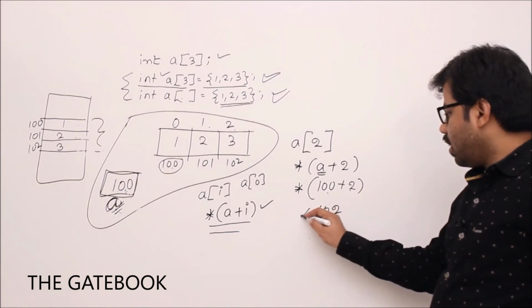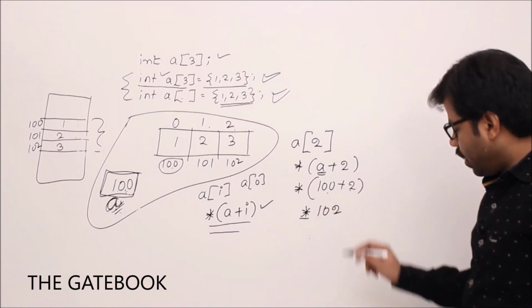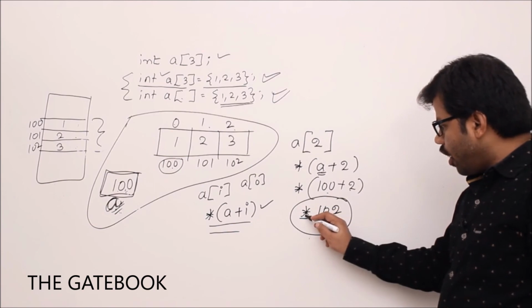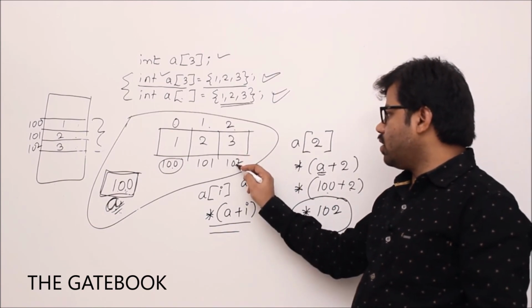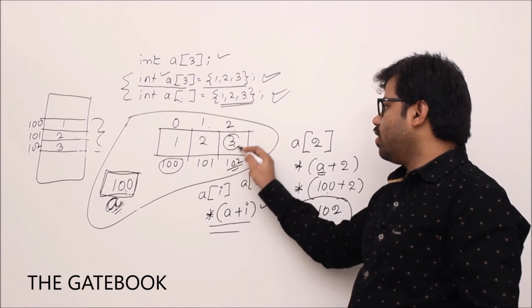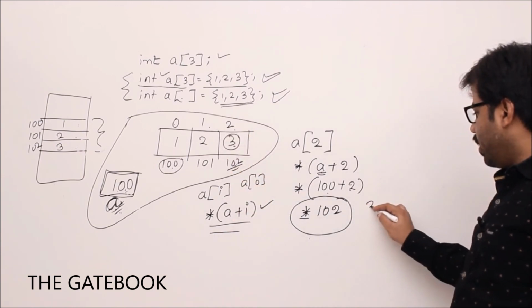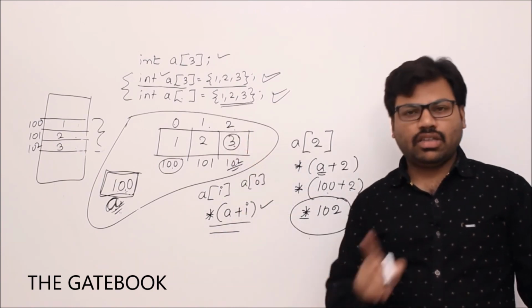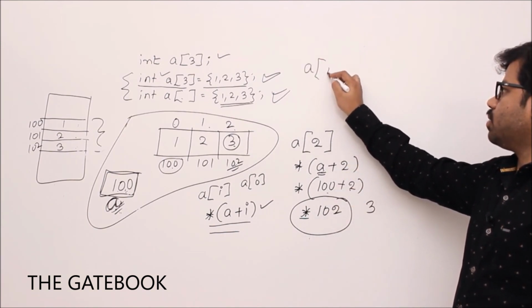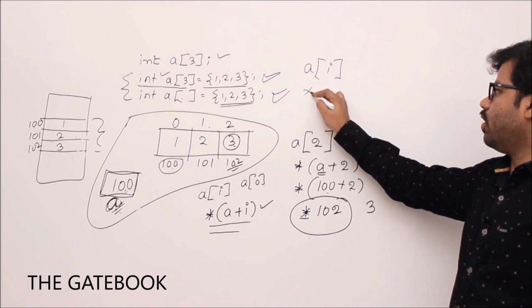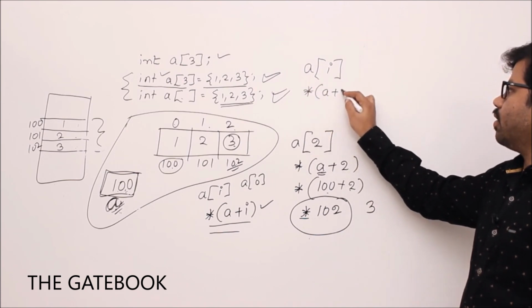Then this will be *102. Now interpret *102 as the value at memory address 102. Blindly go to place 102 and take the value there. What is that? 3. 3 will be printed. Is it not a[2]? Correct. That's why from now onwards, whenever you have an array, two kinds of syntax are possible. One is a[i], second one is *(a + i). Understand?